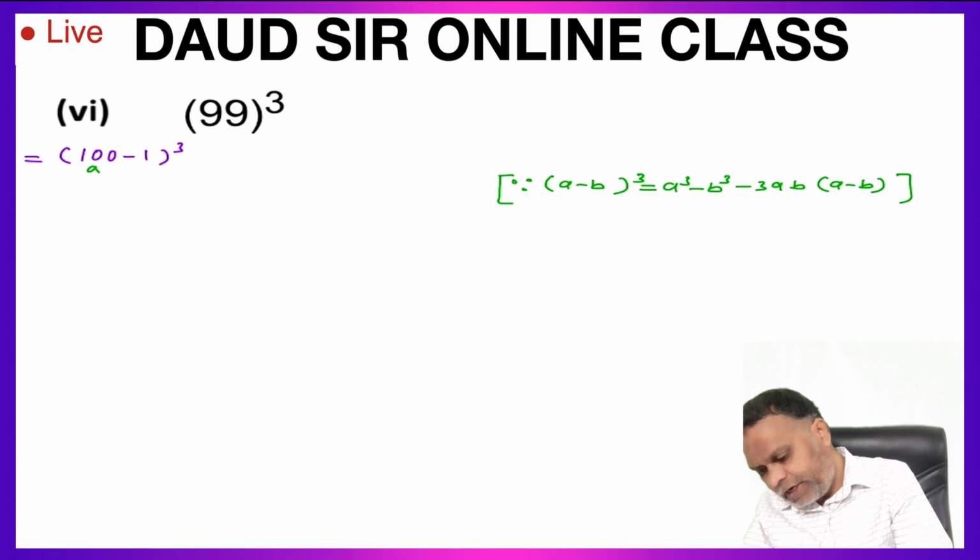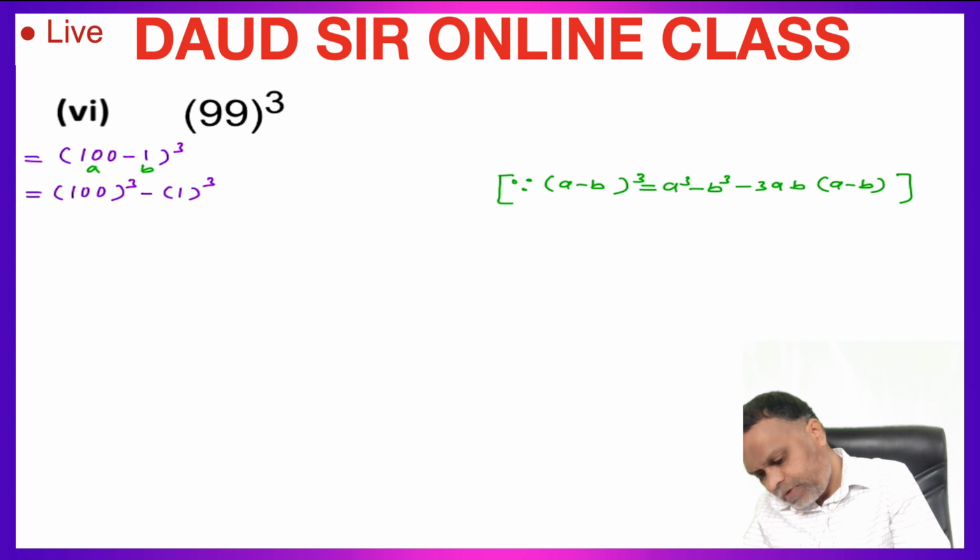Here a is equal to 100, b is equal to 1. So this is equal to 100 cube minus 1 cube minus 3 into 100 into 1 into (100 minus 1).